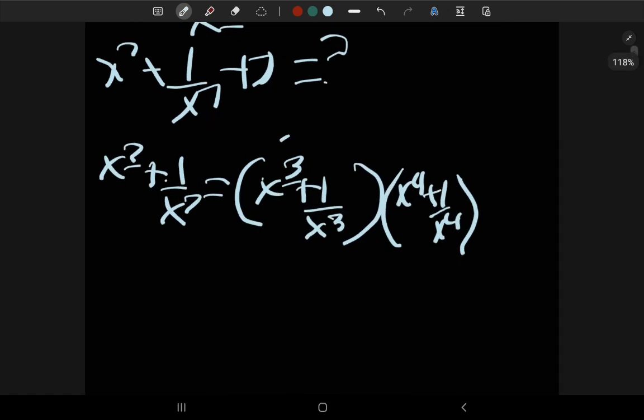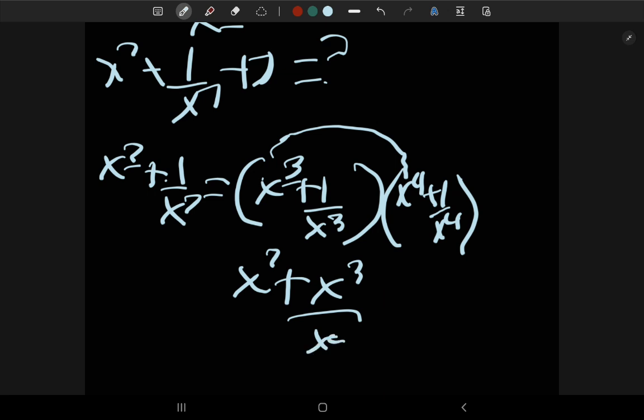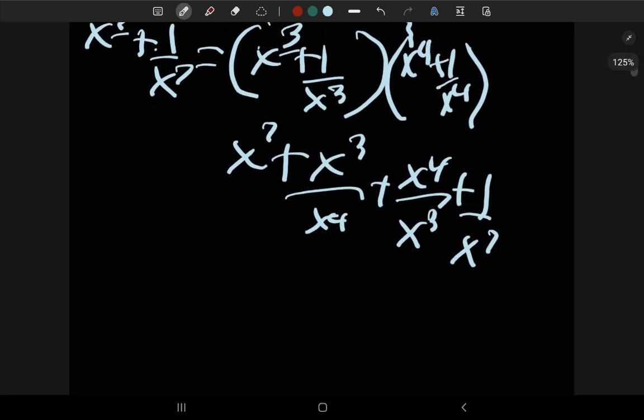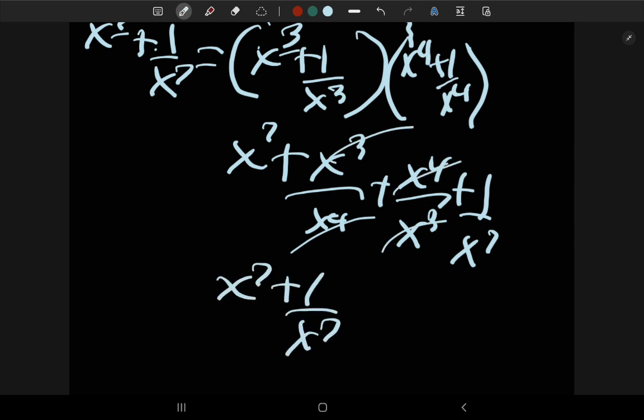If we use FOIL, if we expand it out, we get x to the 7 plus x cubed over x to the 4th plus x to the 4th over x cubed, and then plus 1 over x to the 7th. If we cancel things out, we get x to the 7 plus 1 over x to the 7 plus x plus 1 over x.